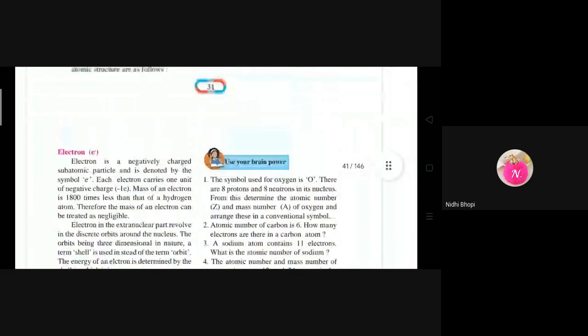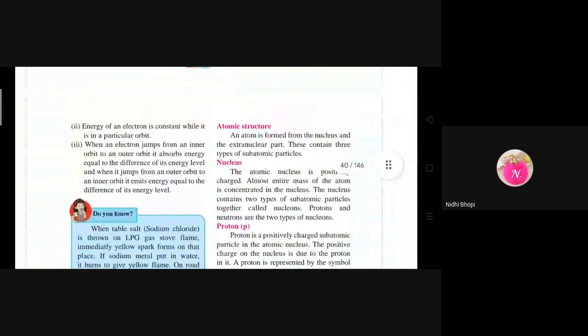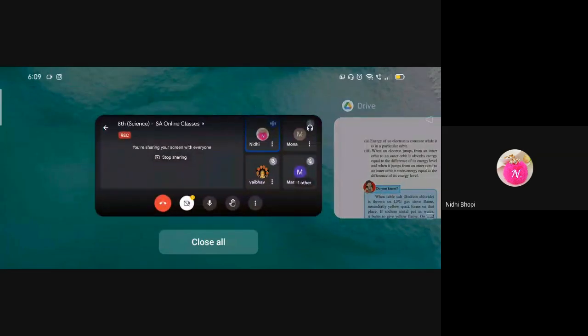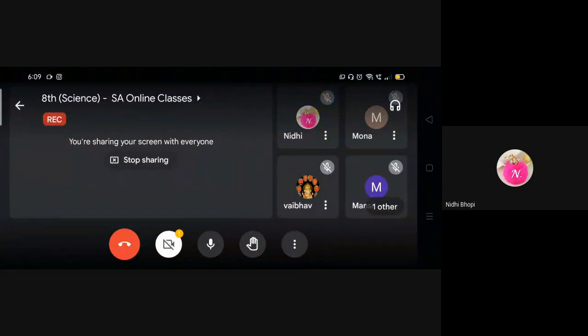Okay. Now, what are the three types of subatomic particles? Yes, Mansi. Electron, proton, neutron.